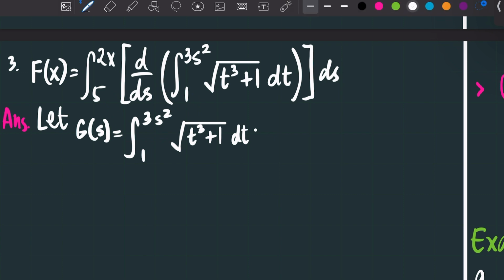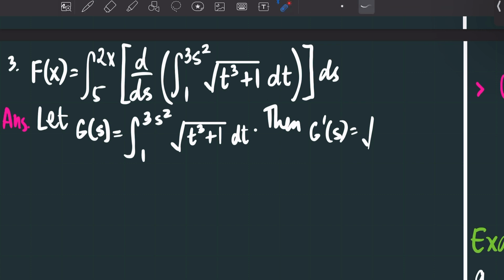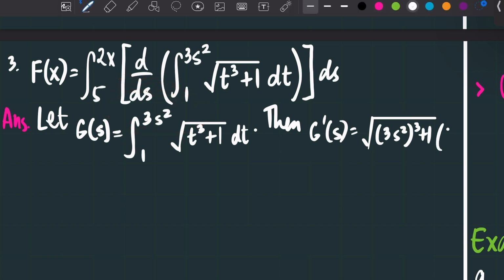So, by the corollary, we have g prime of s to be equal to the square root of this one cubed. So, that's 3s squared cubed plus 1 multiplied by the derivative nung nasa taas, which is 6s.